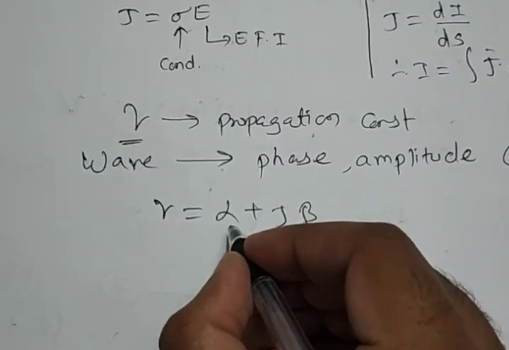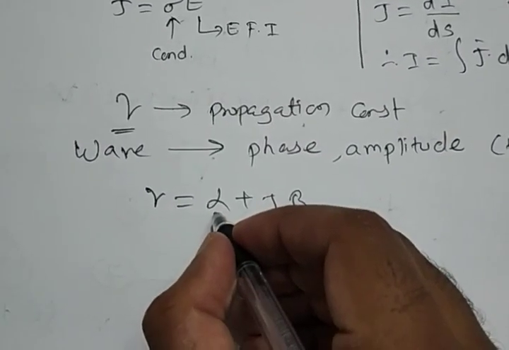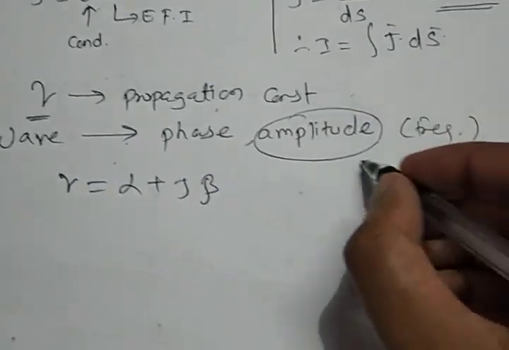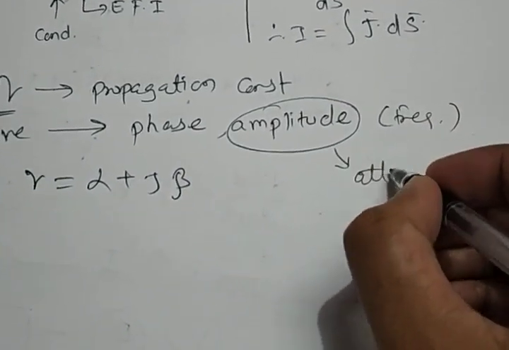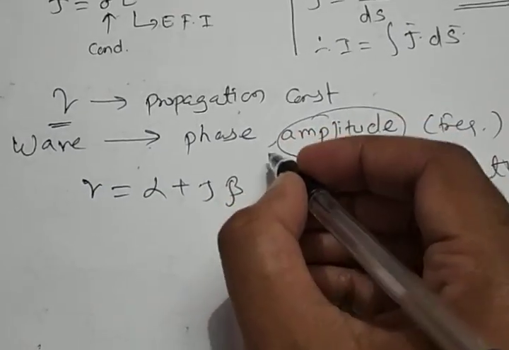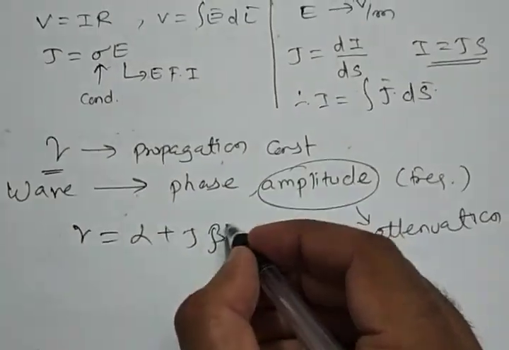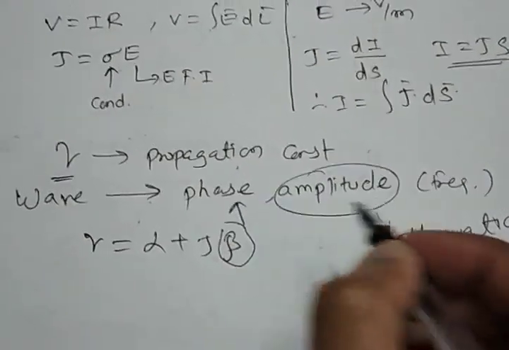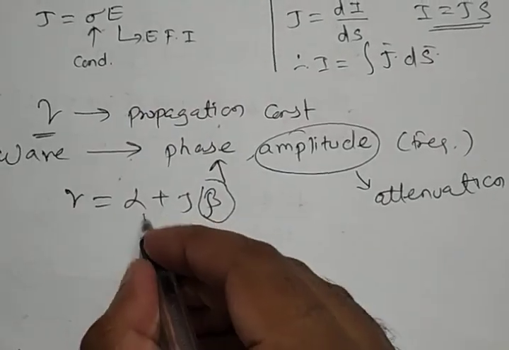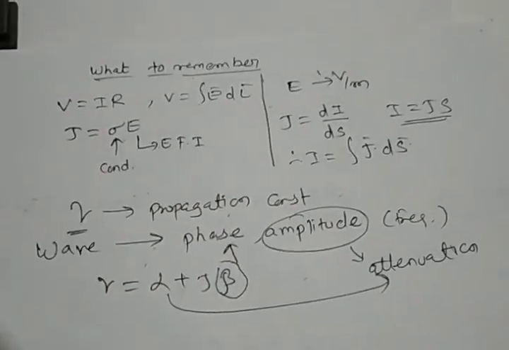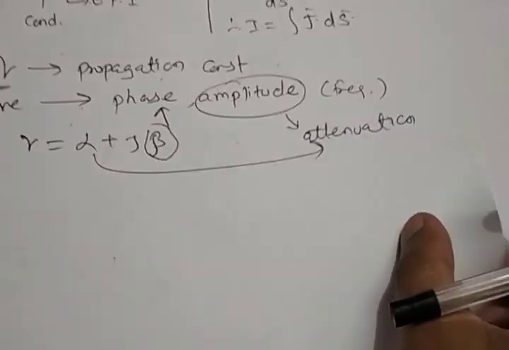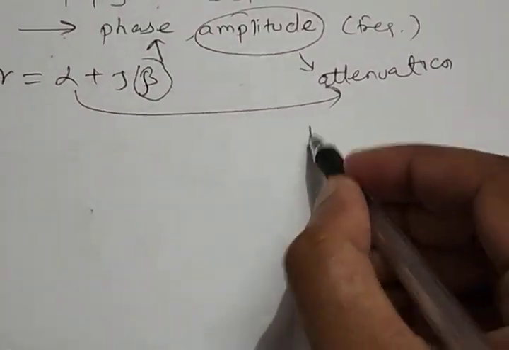What is this alpha? This alpha is nothing but the concept related to amplitude, which is attenuation, and beta is related with the phase. So beta is phase and alpha is attenuation. Why is attenuation related with amplitude? For that we had seen the uniform plane wave and non-uniform plane wave.